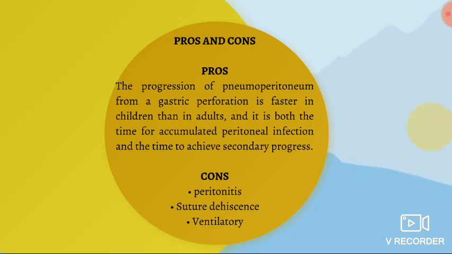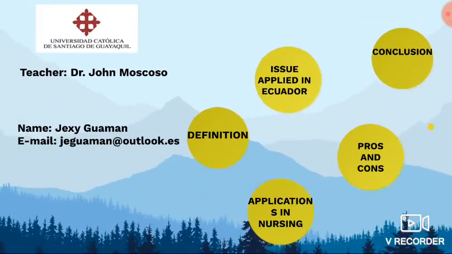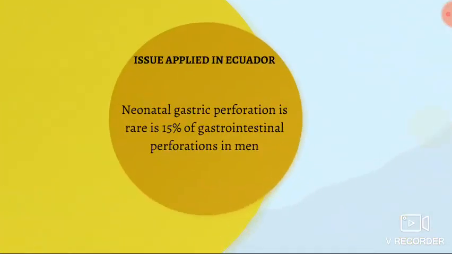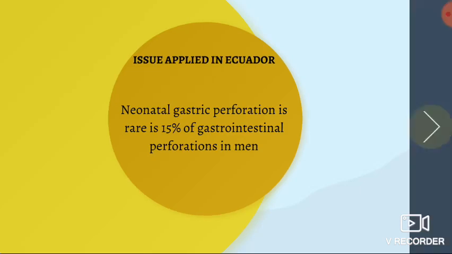Cons. Peritonitis Tissue digestion ventilatory. Issue prey in Ecuador. Neonasis gastric perforation is rare is victim of gastric perforation in man.